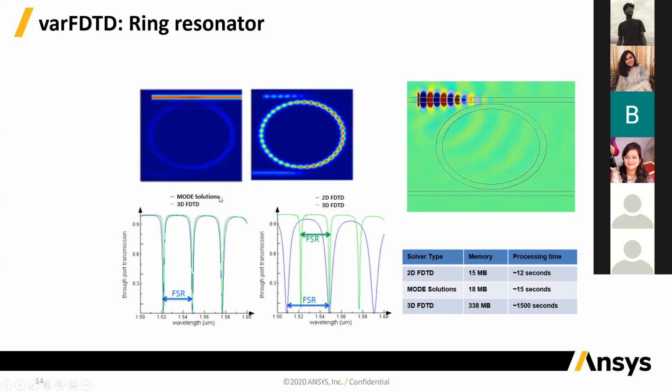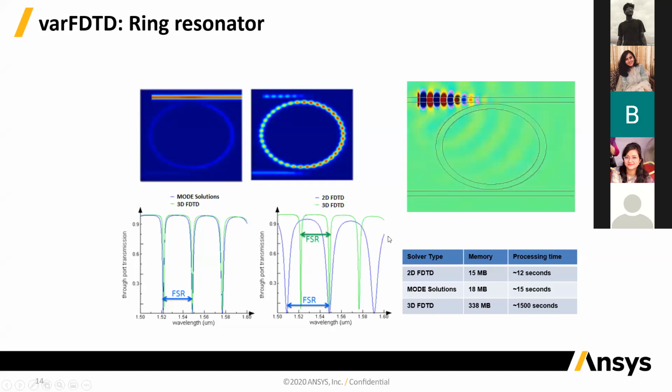The mode solution result is from varFDTD, which we call 2.5D FDTD, just to show that it's different from 2D FDTD. In this solution, we are capturing the effect of the vertical direction by adjusting the index of the material, so you can see that the varFDTD simulation results are in very good agreement with 3D FDTD.